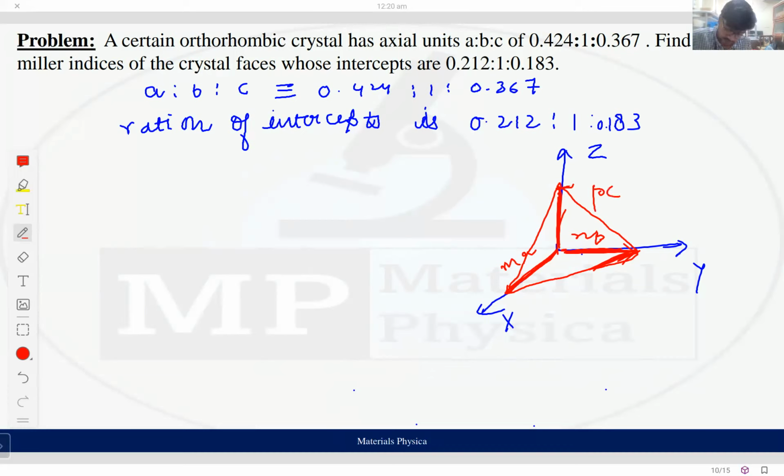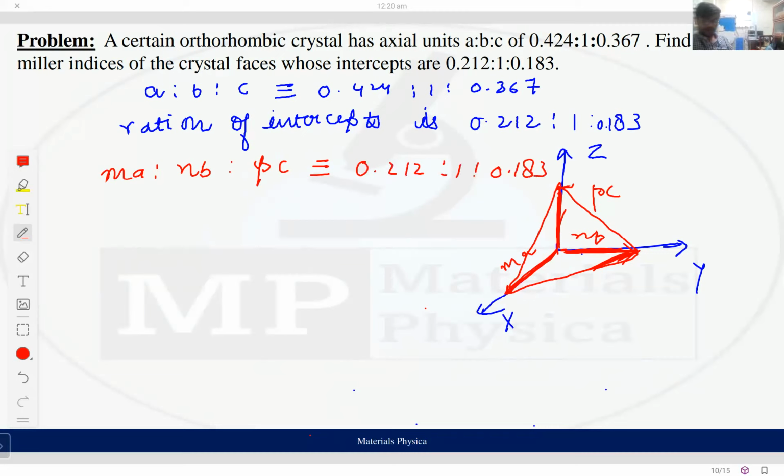Now the ratio MA to NB to PC is given according to our question as 0.212 to 1 to 0.183.